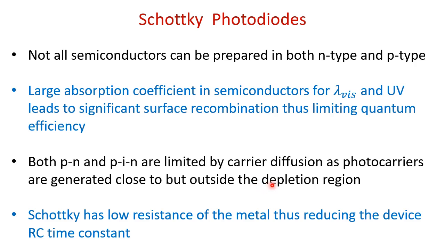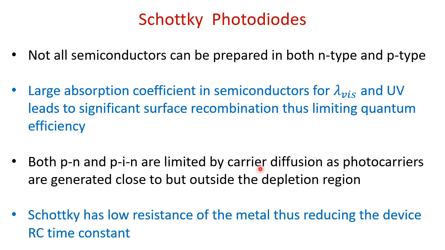So the fact that the depletion region is bang at the very surface of the semiconductor metal junction means the depletion region is not deep inside, if you like. So you see that diffusion is hardly an issue.